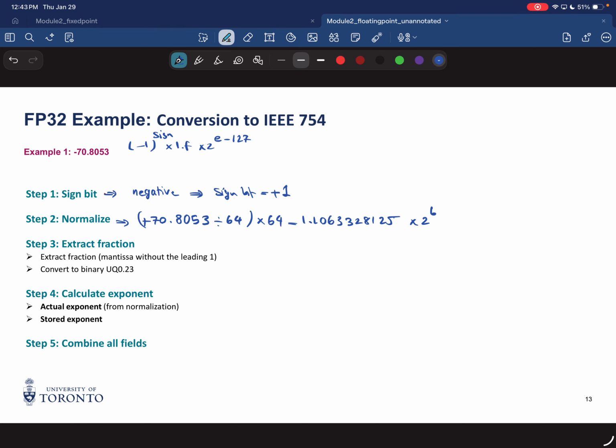Okay. Now, we have to remember that 6 is our actual exponent, and what we are going to store is 6 plus 127. So it's 133. This is what we are storing.